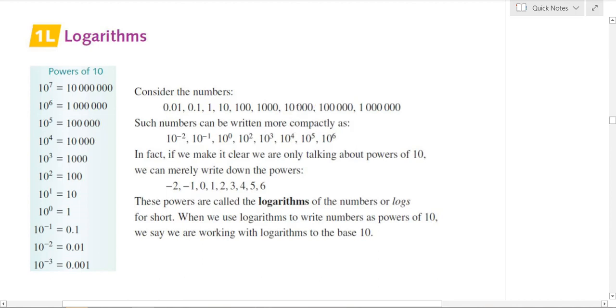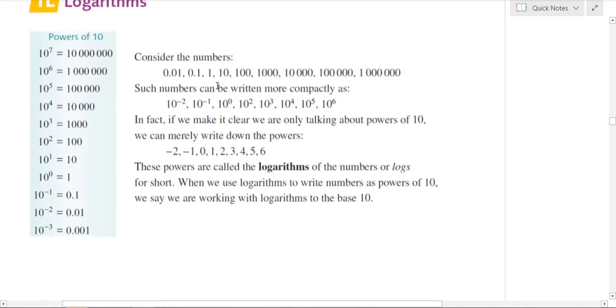In this case, 10,000 is 1 with 4 zeros, similar to that log, 10 to the power of 4. 100,000 is 1 with 5 zeros. 10 to the power of 6, or 1 million, is 1 with 6 zeros after it. It's the same with your negatives. If it's a negative log number, it's going to be 1 with 2 zeros in front of it, or 1 with 1 zero in front of it.